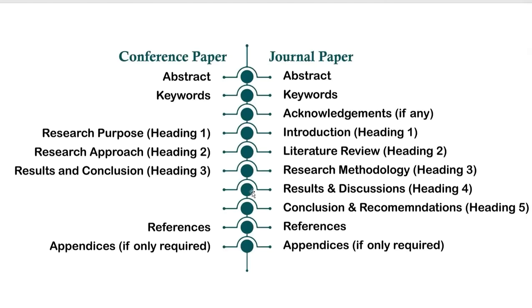Then you should know the significant difference between a conference paper and a journal paper, and how to identify them. The structure of a conference paper is: abstract, keywords, research purpose, research approach, results, conclusion, references, and appendices if required.